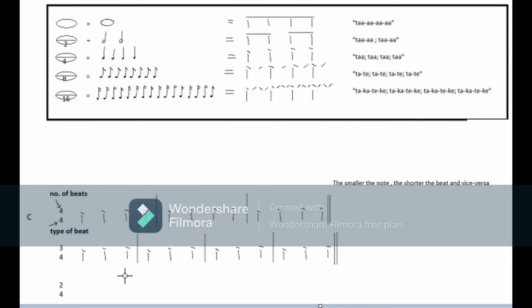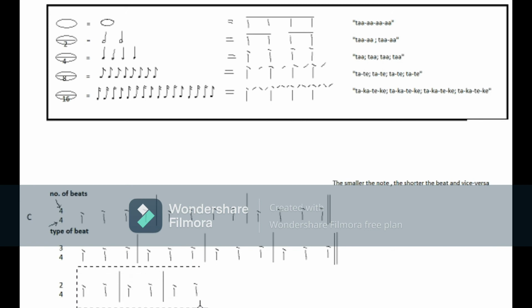To end this lesson, we will look at the 2/4 time signature. 2/4 tells you you'll be counting two quarter note beats in every measure. So I'll go ahead and just start that process off.